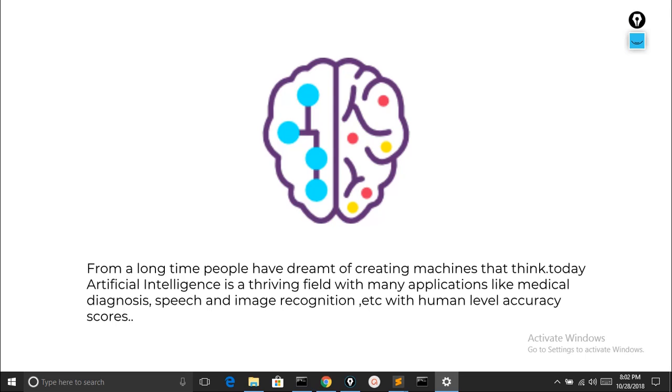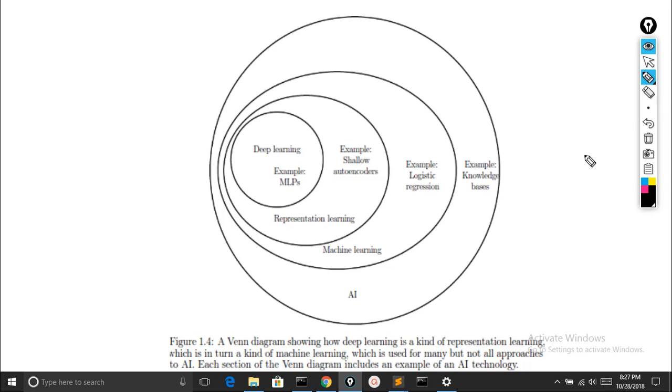So today, these advanced algorithms, these advanced models can recognize your speech just like a human does. Now let's see a Venn diagram that shows the relationship between machine learning and deep learning.